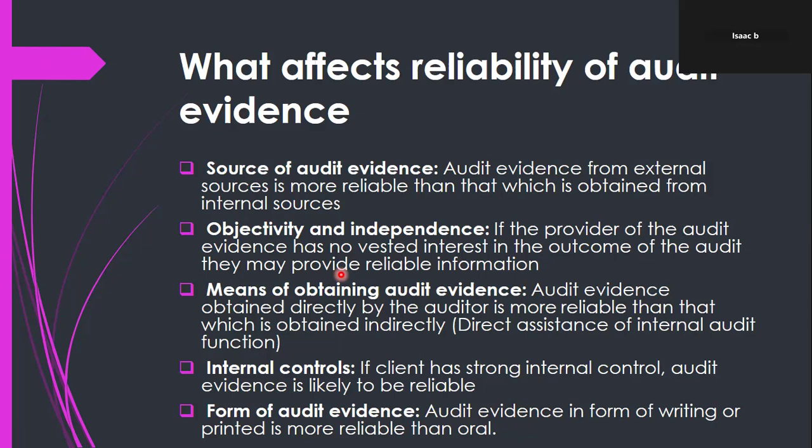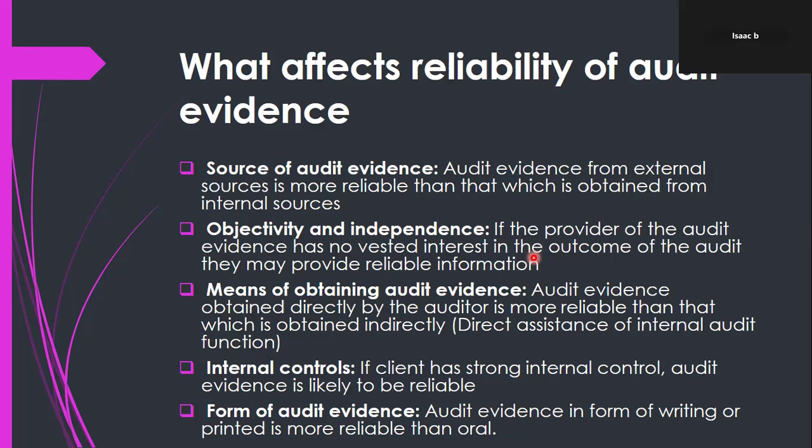Then objectivity and independence. If the provider of the audit evidence has no vested interest in the outcome of the audit, they may provide reliable information, right? If management's job is only to work and they don't have any interest in the outcome of the particular audit, they're not worried about that, then they can provide us with sufficient and appropriate evidence, which is reliable.